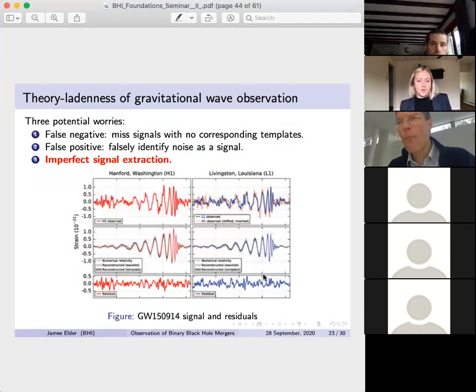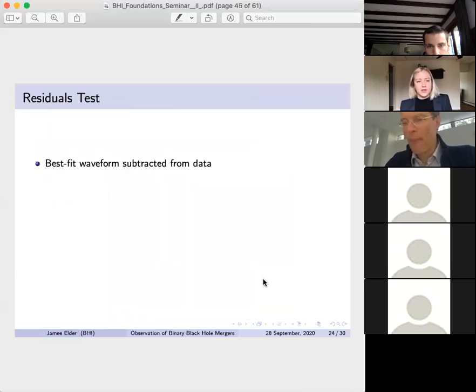Okay, so one of the problems that I mentioned before was the possibility of imperfect signal extraction. It turns out that one of the tests that LIGO Virgo conducts is basically trying to rule out there being any signal remaining in the data after the signal's been extracted.